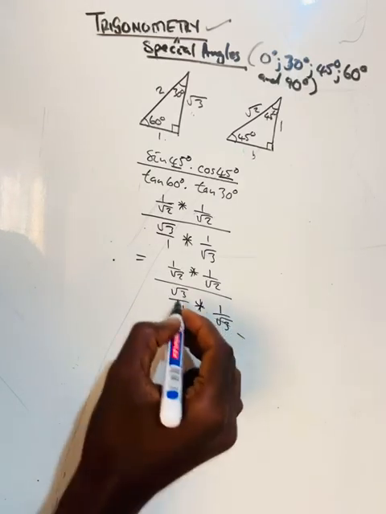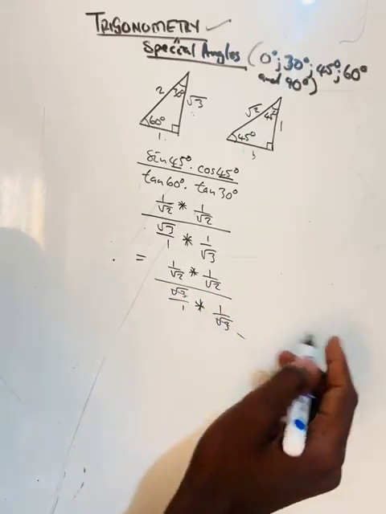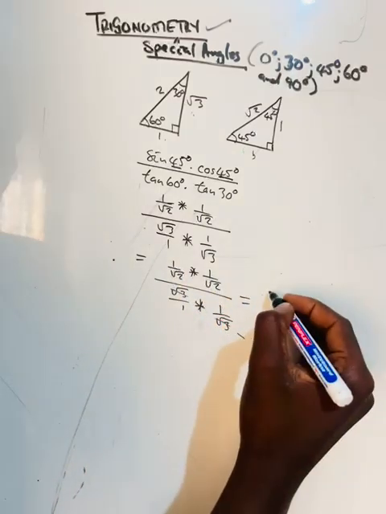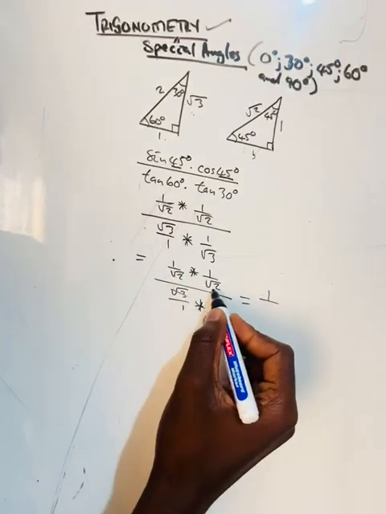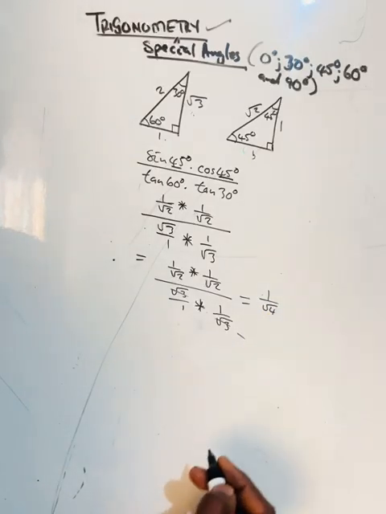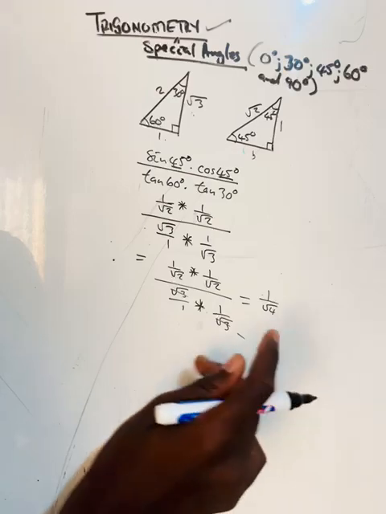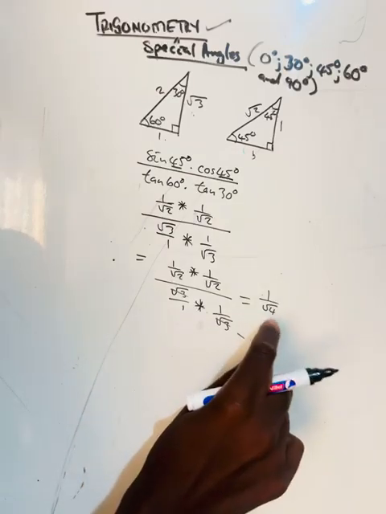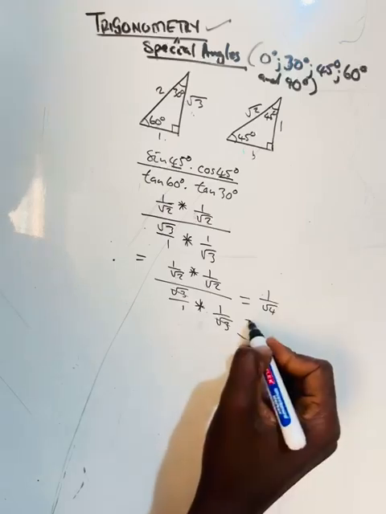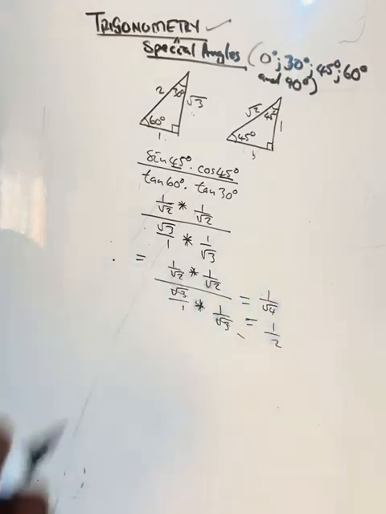These two cancel, which means I'm left with 1 on the denominator, and 1 multiplied by 1 gives me 1, over square root of 2 multiplied by square root of 2, which gives me square root of 4. And this is all divided by 1, which means what we have here on top remains. Now, square root of 4 is a square root of a perfect square, which means that we've got 1 over 2. That is our final answer.